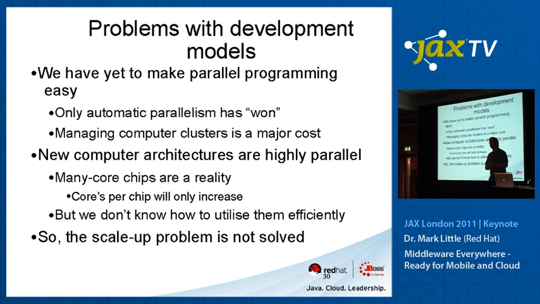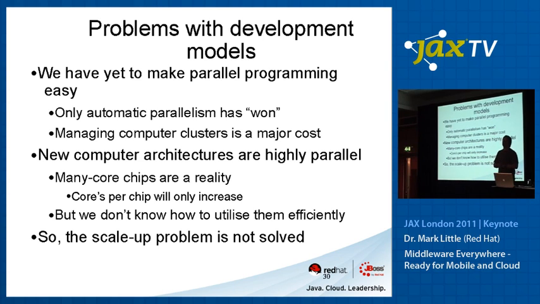And we still have problems with development models. Despite new languages like Erlang and things that Scala brings to the table, we have yet to really make parallel programming easy. Automatic parallelism has pretty much won, but if you throw multiple machines into the mix, or multiple cores on a processor, it's still harder and harder to get people to actually think about what it means to them and to their application, let alone to then develop their application with that in mind.